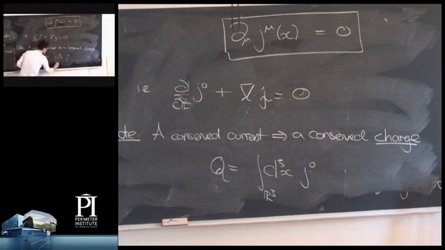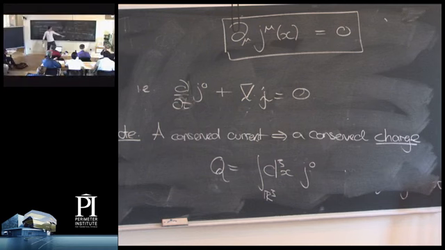All you do is you take the zeroth component of the current, you integrate it over all of space, but not of time, and you're left with something which doesn't change in time.